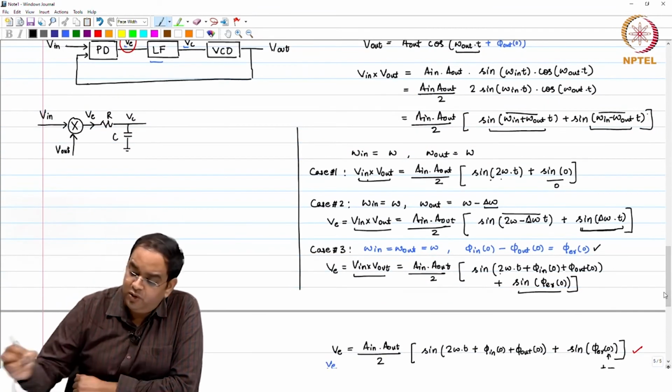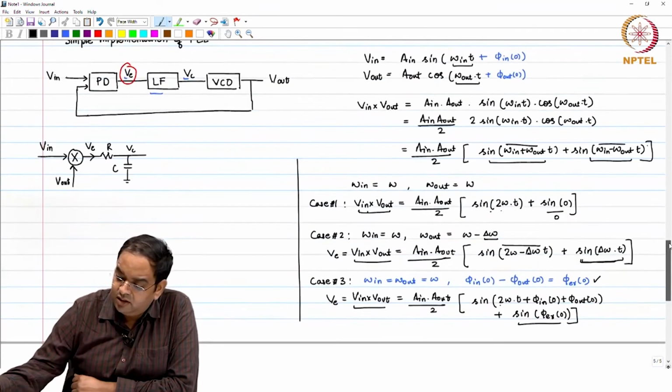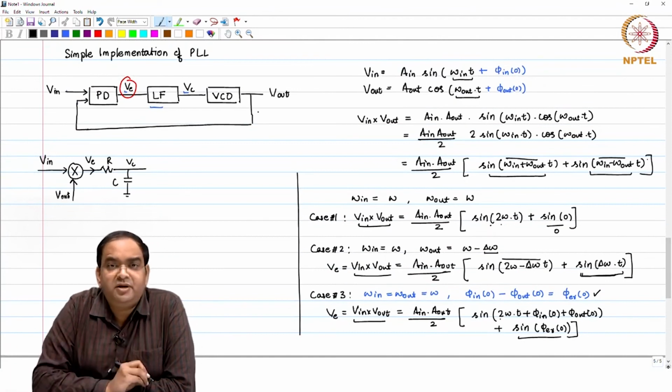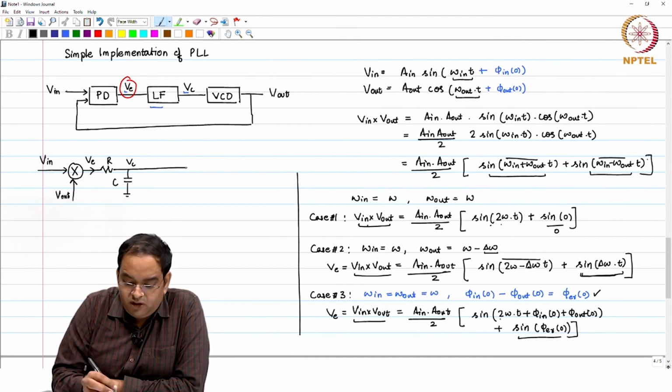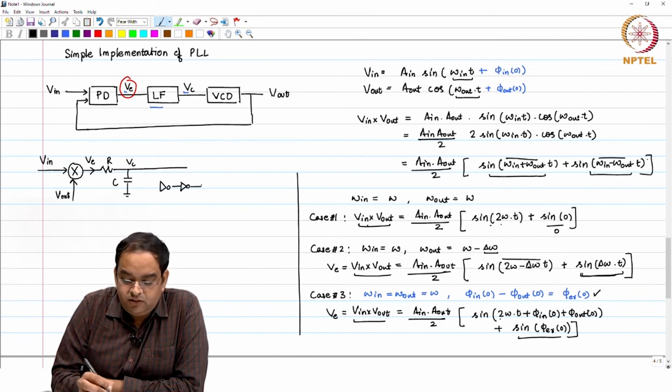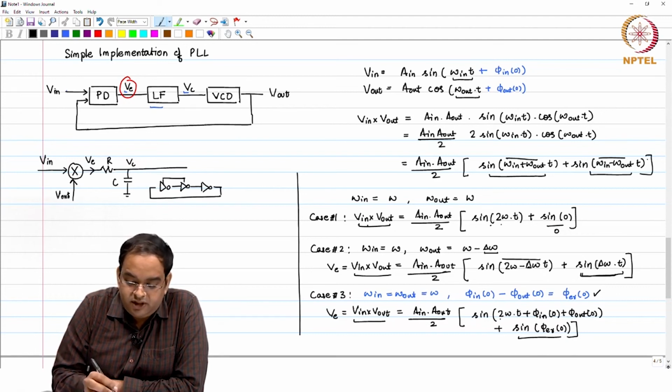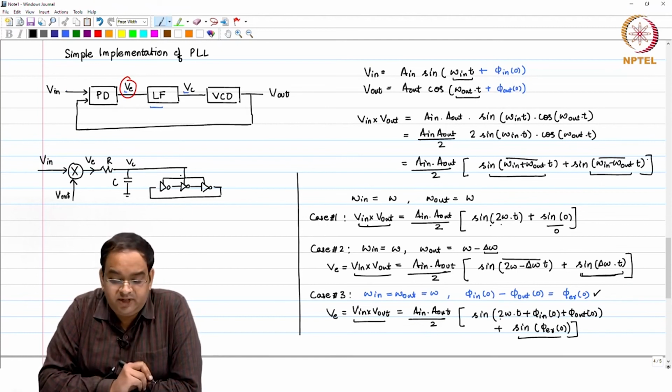For now, we will not go into what is behind the oscillator. I will just draw one block which is commonly used as a voltage controlled oscillator using inverters. There is no need to understand right now how it is operating; we will go into the detail of these blocks in some time.